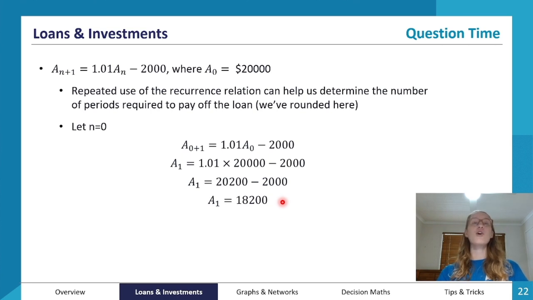So it's interesting to note that imagine if this person had decided to make $200 repayments per month. Well, then the initial amount would grow by the factor. It'd grow to $20,200. They'd pay off $200, and then the next month the exact same thing would happen, because they would only be paying off the interest on their loan.